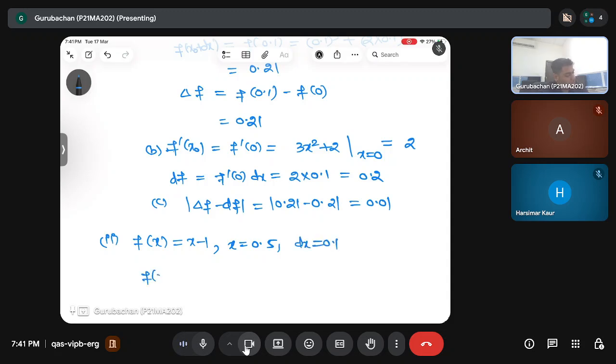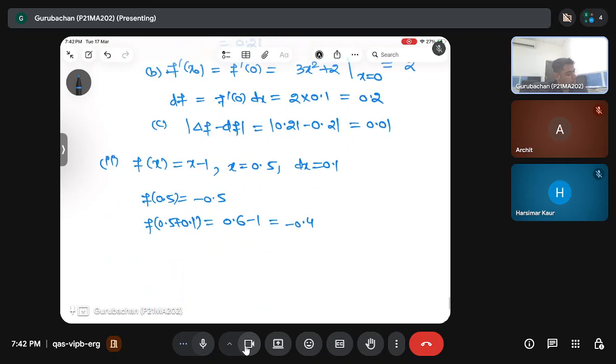So f at 0.5 is 0.5 minus 1, that is minus 0.5, and f at 0.6 is 0.6 minus 1, that is minus 0.4. Now del f is f at 0.6 minus f at 0.5, that is minus 0.4 plus 0.5, that is 0.1.